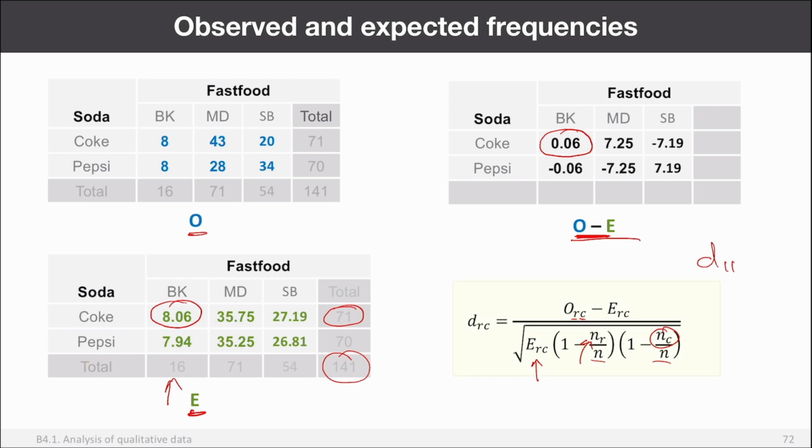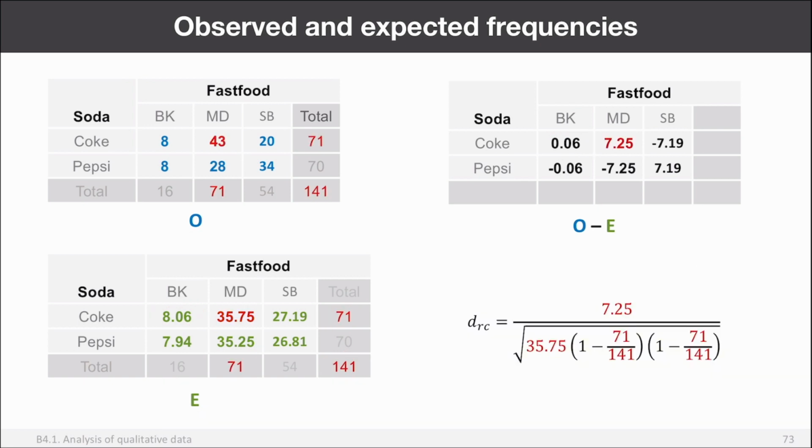So let's do the calculations. I take, for example, Coke and McDonald's in this case. You can see that it's this column and this row. So 7.25 is the difference between the observed frequency and the expected frequency. And then this is the expected frequency, right?